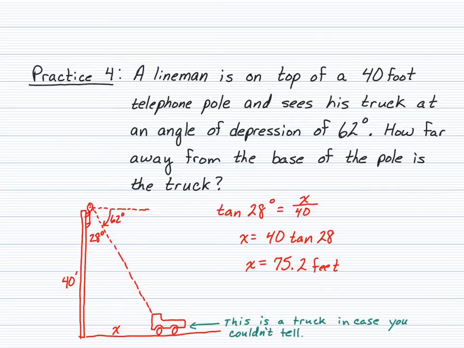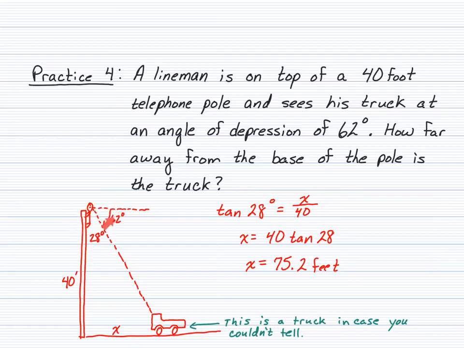All right, so we can see from the picture here the angle of depression. You've got a lineman at the top of a pole, and the angle of depression, which means from horizontal going down, is 62 degrees. Well, this forms a right angle because the pole is vertical to the ground, which means we have a 90-degree angle here.